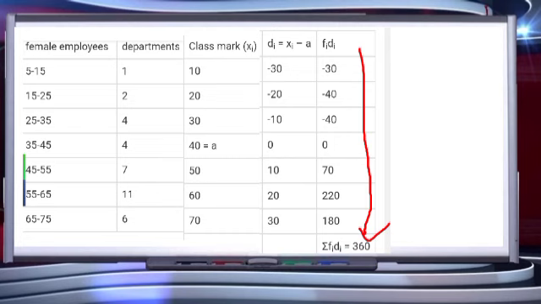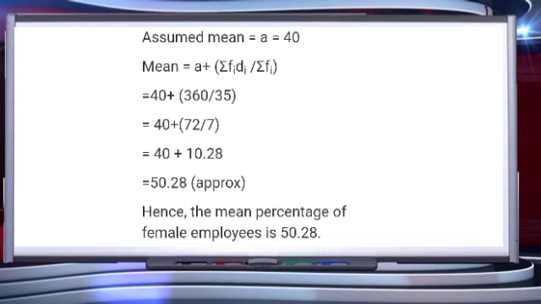Students, for this you should remember the formula, that is a plus summation fi di over summation fi. So two columns need to be added. Here summation fi di comes out to be 360. Similarly, we will find the sum of the column of fi also. Now the last step is to substitute all the values in the mean formula.